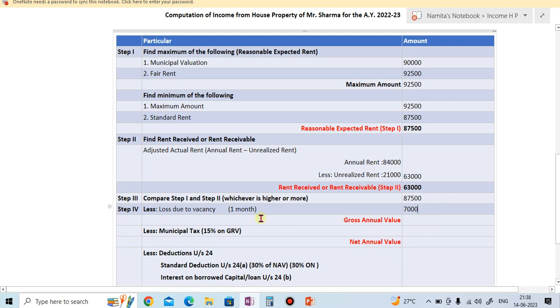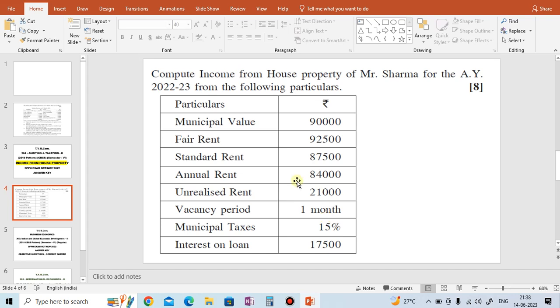Okay. So 87,500 minus 7,000. How did I get this 7,000? See, the house was vacant for how much? 1 month. Okay. So for 1 month, what will be the rent of the house? Annual rent is 84,000 divided by 12. So for 1 month the rent is 7,000.